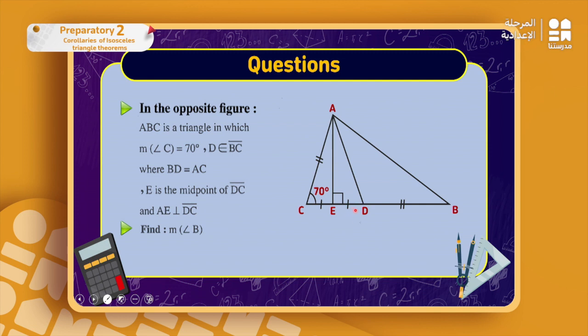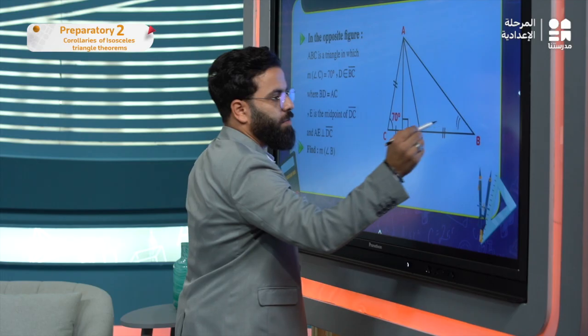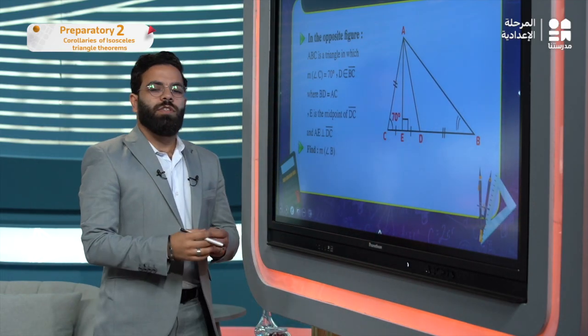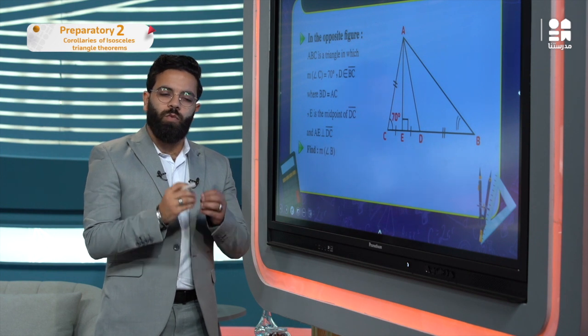BD, not the whole BC. BD equals what? Equals AC. Okay. A is midpoint of what? Of DC, and AE perpendicular to DC. Find measure angle B. He wants angle B.